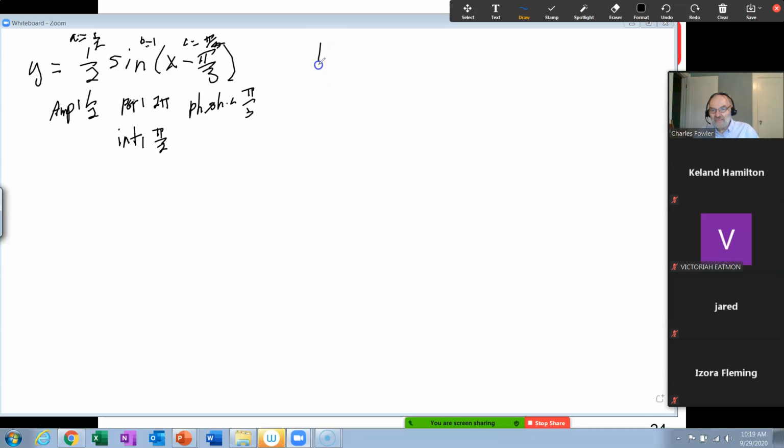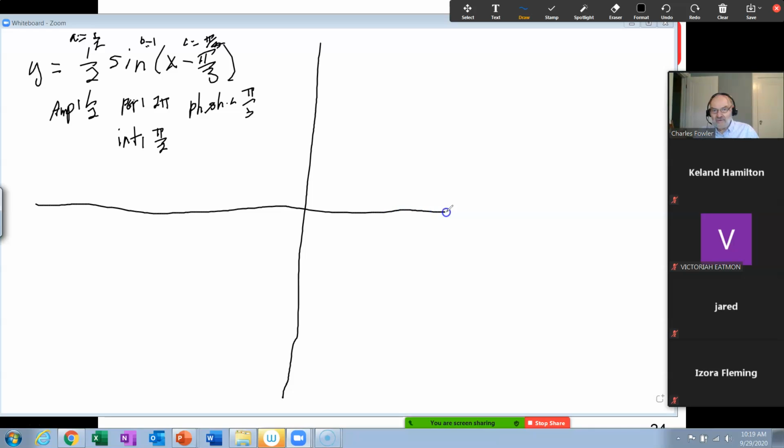Okay, so I'm going to draw my graph. That's supposed to be a vertical line. It's not very vertical, is it? That's going to be my horizontal axis, the x-axis here. That's not too good either, but maybe a little more horizontal than that was vertical.